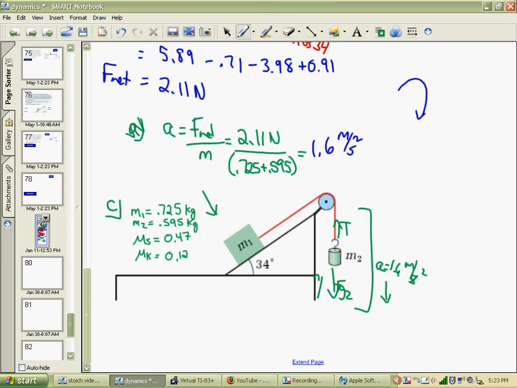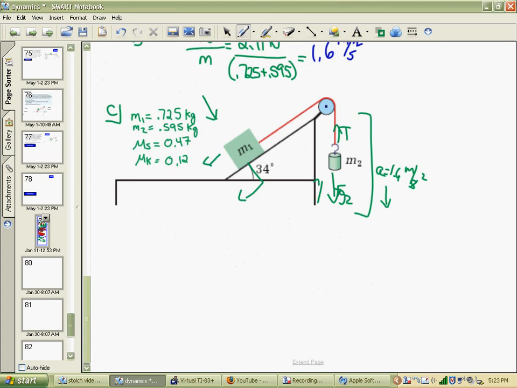M1 has a friction in it, and it's got a gravitational component. We don't want to deal with that one. So for our F net formula, we consider only mass number 2. Our F net formula is going to be Fg2 and tension, and we can solve for T.